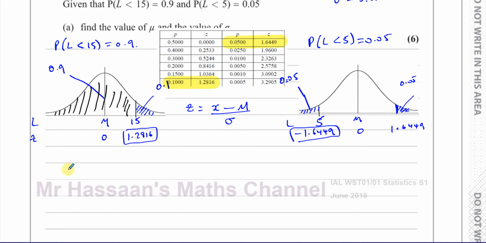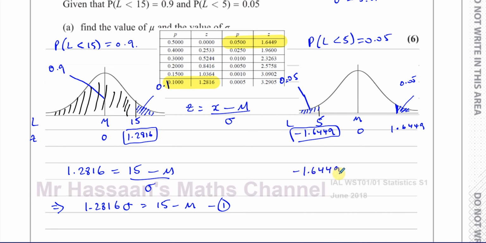So here the Z value is 1.2816, and that's equal to the X value, the actual score, which is 15, minus the mean, divided by the standard deviation. That's going to lead me to an equation: 1.2816 times the standard deviation, sigma, is equal to 15 minus the mean. I can call this equation 1. And I can use this situation here, I know, minus 1.6449.